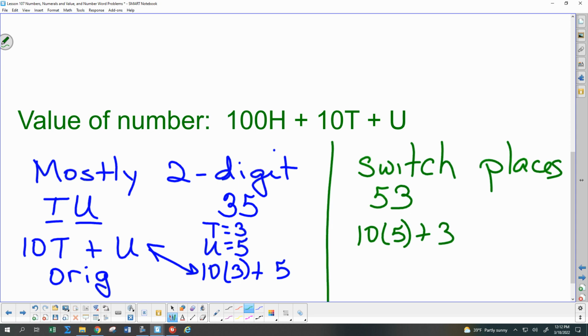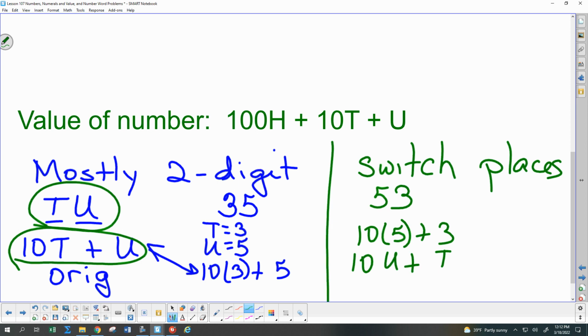But they're not going to start off telling us the first number. They're just going to say we start off with a T and then a U. The T is going to be 3, the U is going to be 5. That can't change in this problem, even though we don't yet know what they are. So if the T is 3 and the U is 5, the original one is 10 times T plus U for its value. But when we switch places, it's now 10 times what used to be in the U spot plus whatever used to be in the T spot.